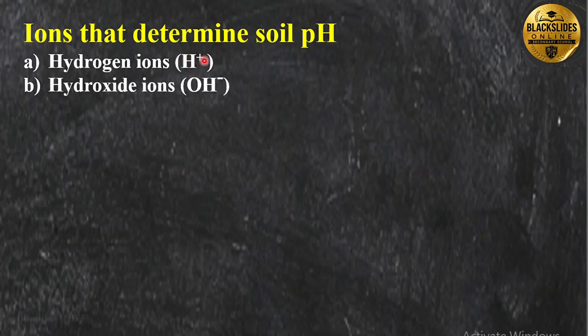The more hydrogen ions in a solution, the more acidic that solution or soil sample is. And the more hydroxide ions there are in a soil sample, the more alkaline or basic that solution is. So these two ions decide the soil pH.